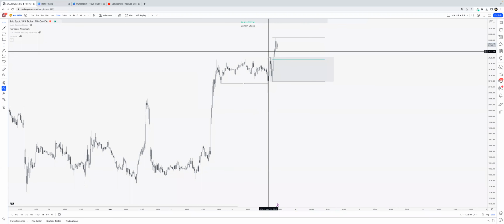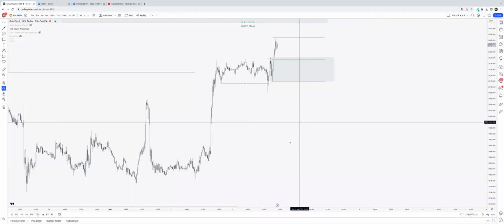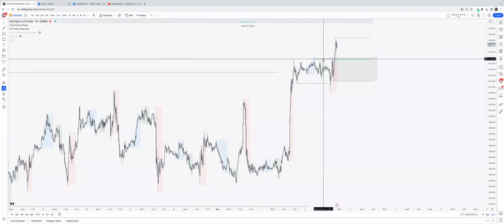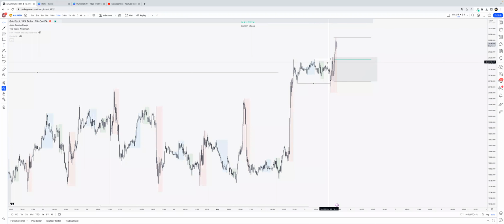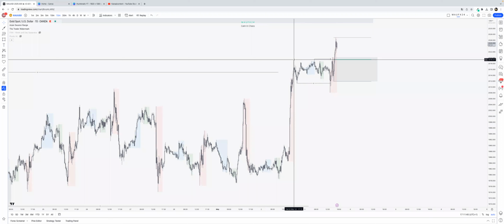Bullish break, return to discount, continuation, return to discount, continuation. Now if we go here, previous daily high taken. What was happening here? No, sorry, this was previous daily high.